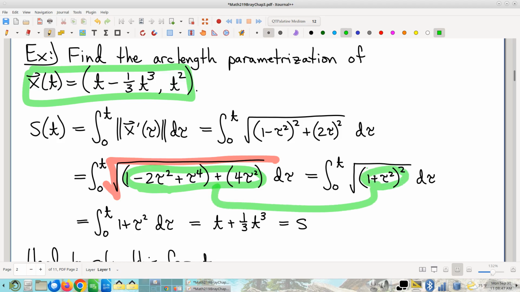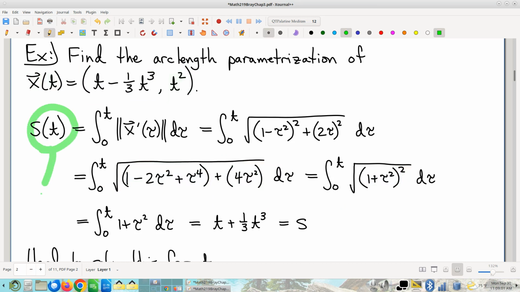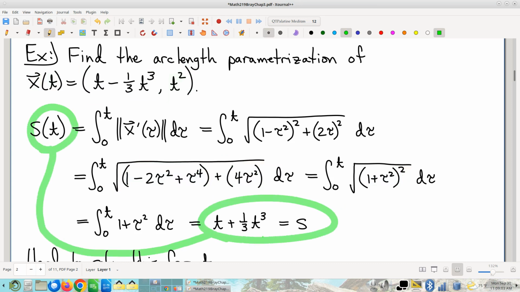How about that? That doesn't happen super often. So even having arranged for tremendous good fortune in such a way that I can actually compute this integral, notice I still can't solve for t. So these arc length reparameterizations, in practice, are either super easy because the integrals are super easy, or they're intractable. And so in practice, we don't actually do them very much.